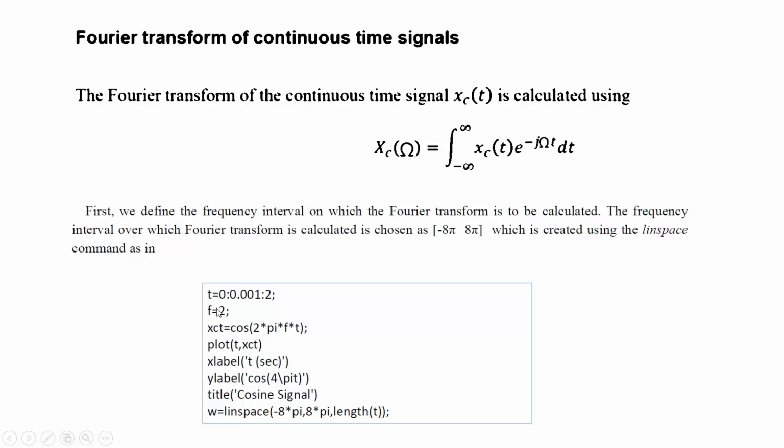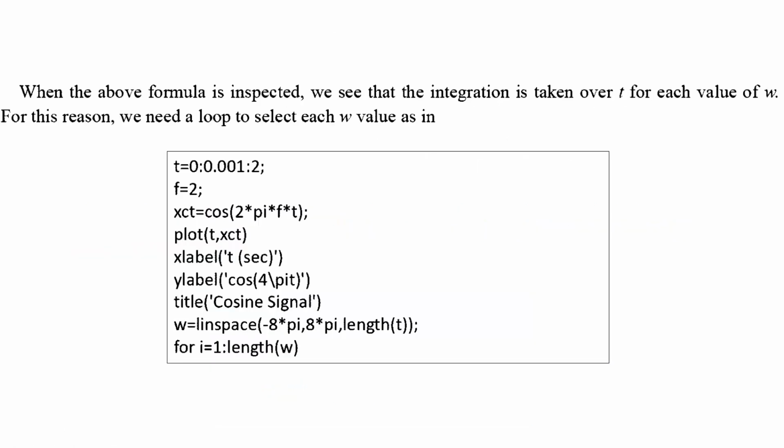Because our t vector is coming from here, the length of this t vector will be the number of steps from minus 8 pi to 8 pi. That is defined by this linspace function in Matlab, whose values will be equal to w.